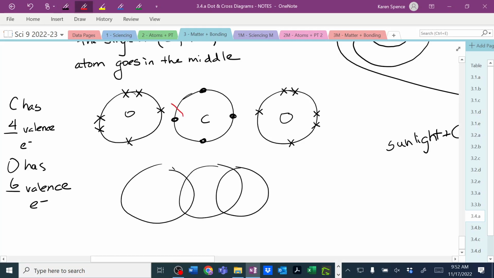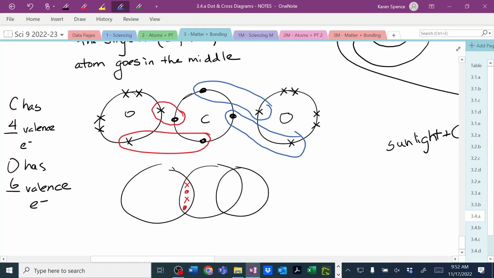We're going to take these two and put them in the middle, and we're going to take these two and put them in the middle. Then we take these two and share them, and these two and share them. And then, of course, we have our lone pairs left on the oxygens.